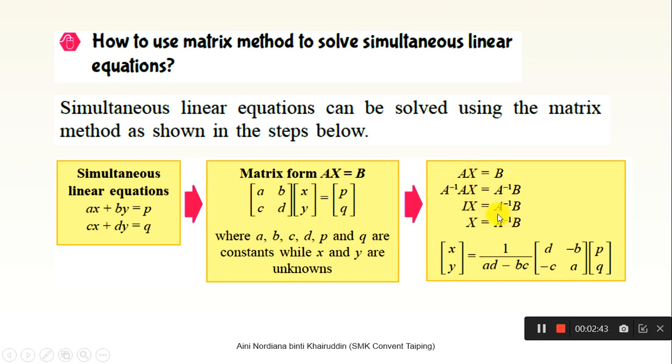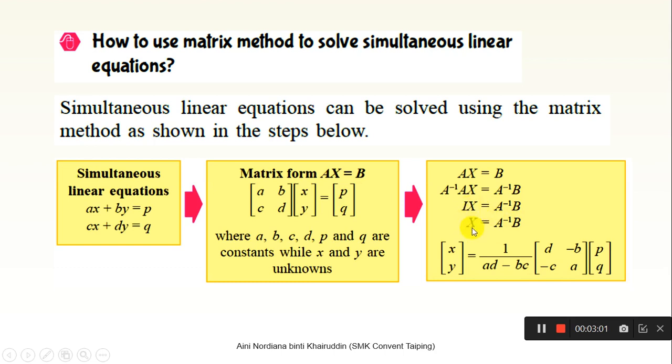So IX is equal to the inverse matrix of A multiplied with B. Remember, when we multiply any matrix with I, we get the matrix itself back.